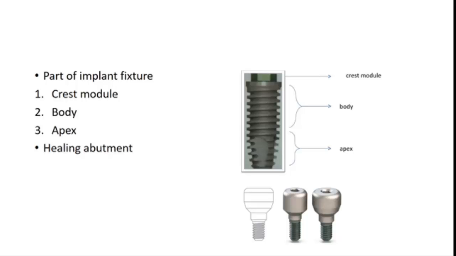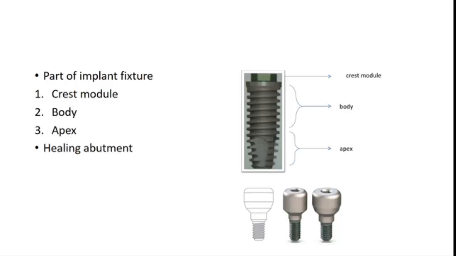Now, once the implant is inserted into the bone, there is an opening in the center of the implant. So immediately after placing the implant, the soft tissue has to be covered over that and sutured.